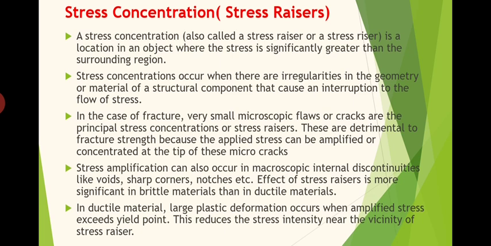But if the developed magnified stress within the material exceeds the yield point, then plastic deformation will occur within the vicinity of that crack. Once the plastic deformation occurs, we know that the strengthening of the material takes place in case of ductile materials because of the strain hardening that we have already discussed.